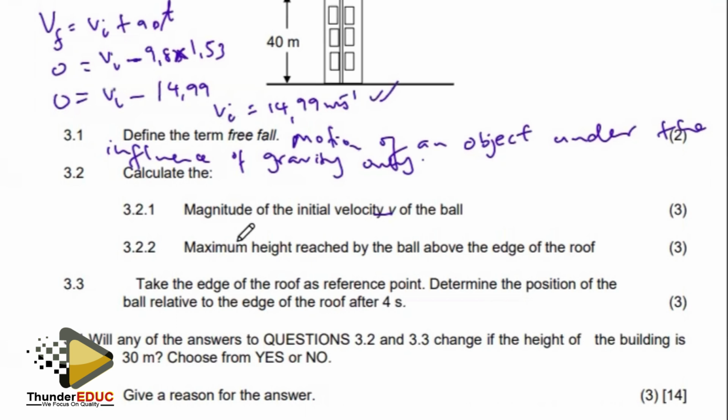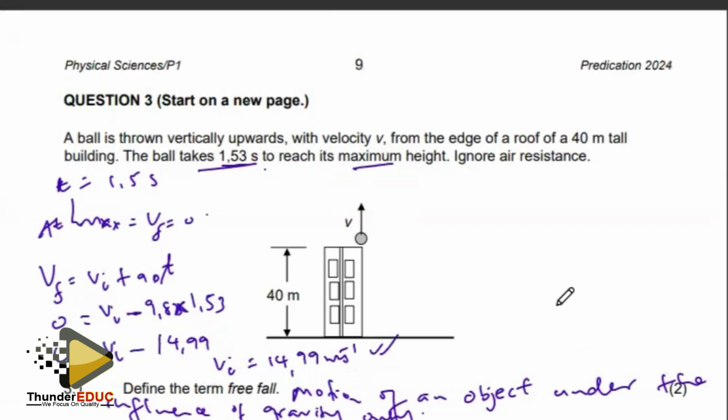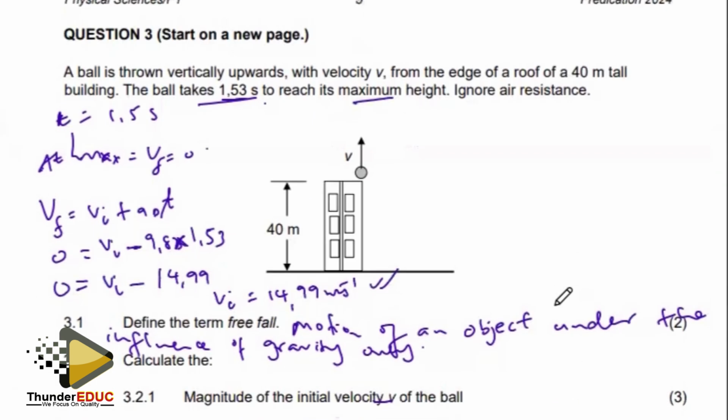Then 3.2.2, calculate the maximum height that is reached. We can still use the values that we have: delta t is 1.53, V final is 0, and we're looking for the displacement.